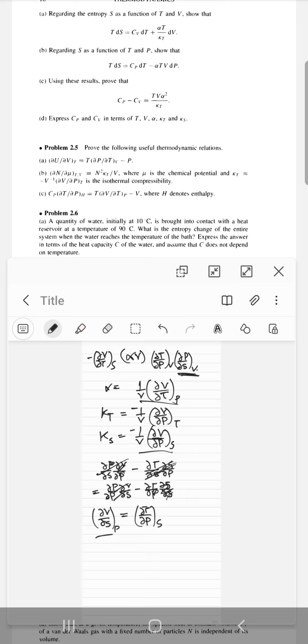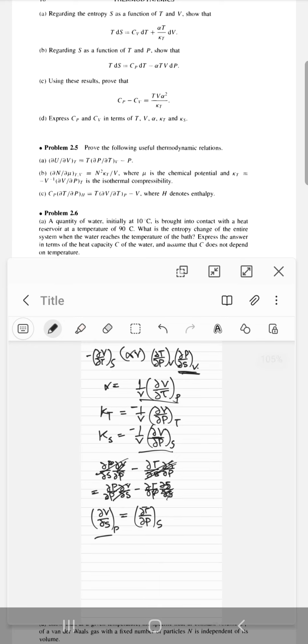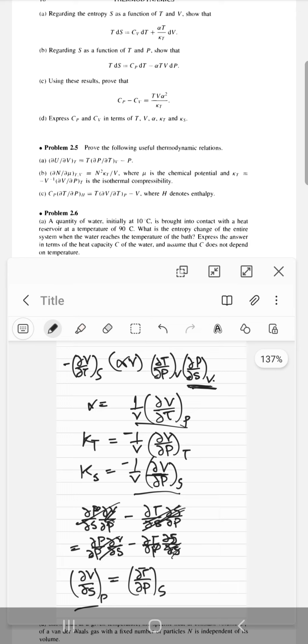Okay, that doesn't even make sense. But we just did entropy and volume. How did you? Oh, that won't make sense. Sorry, you're supposed to do pressure and volume. What am I doing? No, this doesn't make sense. You can't be doing pressure and volume. That won't make sense, in fact.